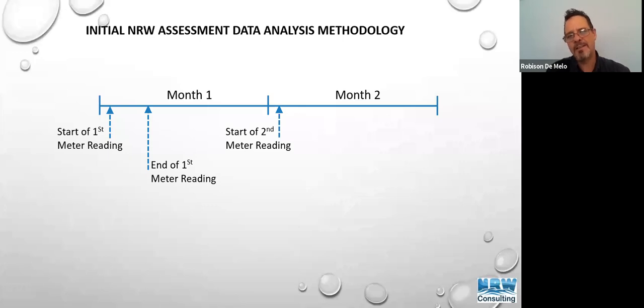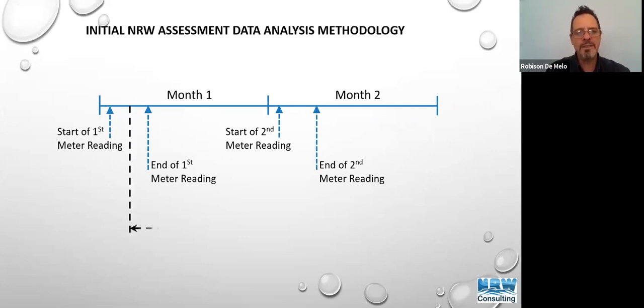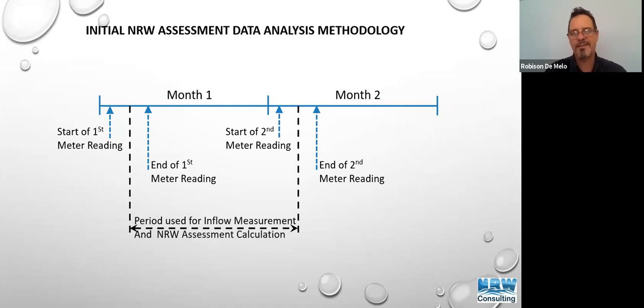From the other side, we get the start of the second meter reading and its end. And we use the data between these two. That's the period we use for the inflow and for the NRW assessment calculation. It gives us better accuracy when comparing the inflow with the billing system.